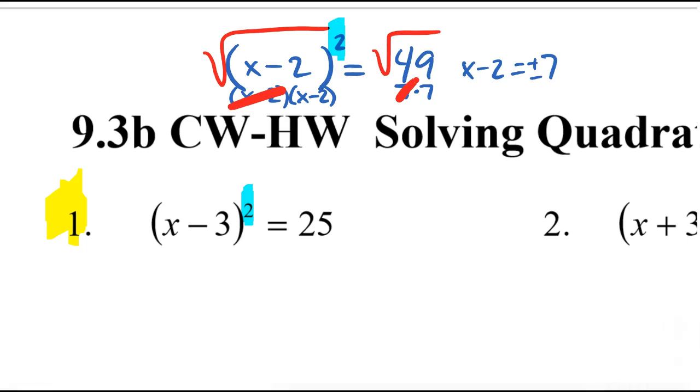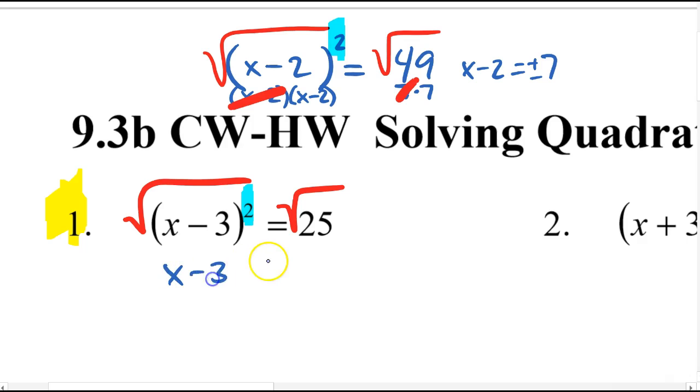So let's do that on this next problem. Again, take the square root of the left, square root of the right, and when you do that, I'm left with x minus 3, because it basically cancels out the parentheses when you have it squared there, equals 5. But again, don't forget that there is a plus and a minus.